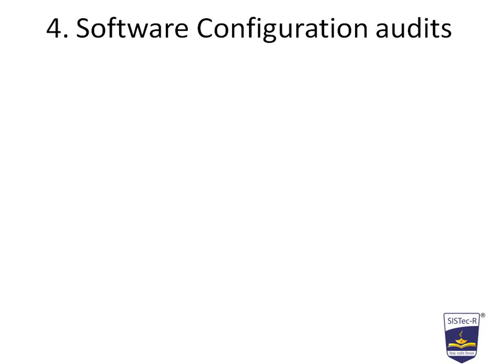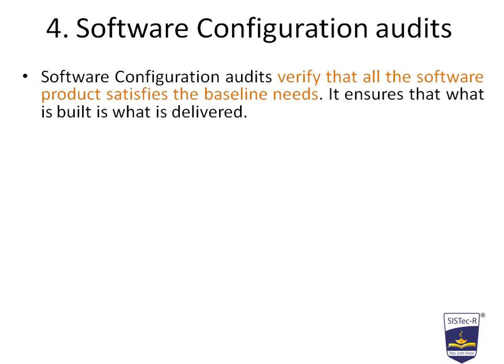So let's understand software configuration audit. This is the fourth phase. Software configuration audit verifies that all the software products satisfy the baseline needs. It ensures that what is built is what is delivered, obviously.